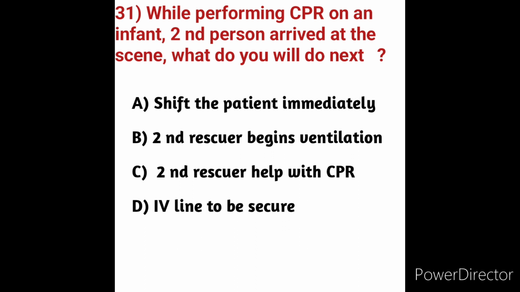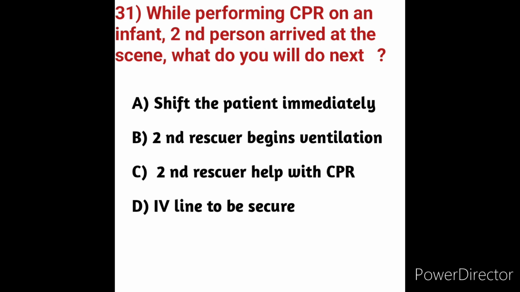The ratio for 2-rescuer CPR, cardiopulmonary resuscitation, for infants and children is 15:2. The ratio for 1-rescuer CPR for all ages is 30:2. But when the second rescuer arrives at the scene, the CPR ratio for a child and infant will be 15 compressions and 2 rescue breaths.